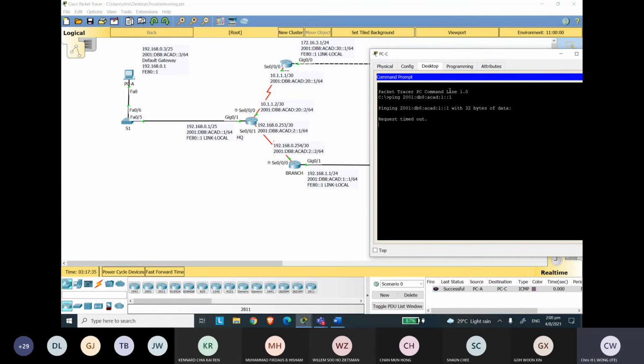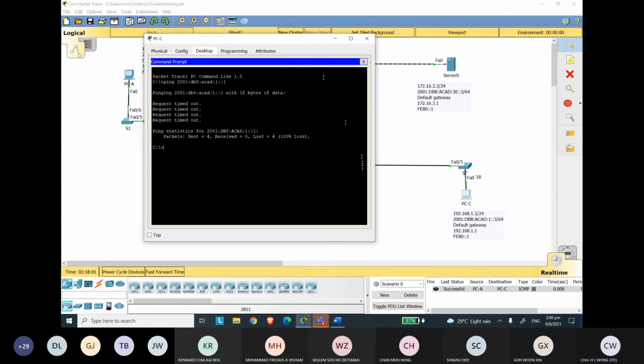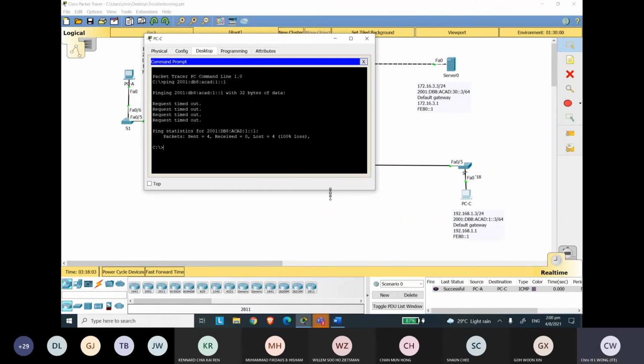Anything wrong? Cannot ping. Yeah. My IPv6 pinging at the PC, right? Mine cannot. Hold on. Can the PC ping to the default gateway? Never mind, yours can. That means yours somehow, I don't know where you get the file from.